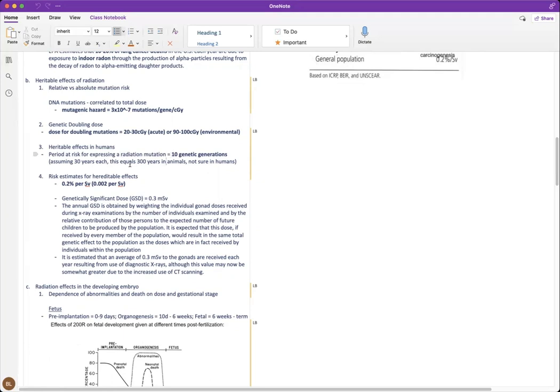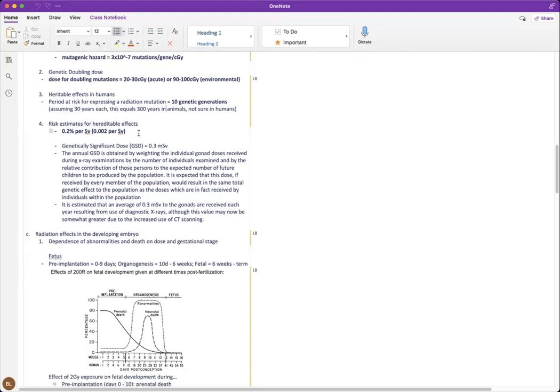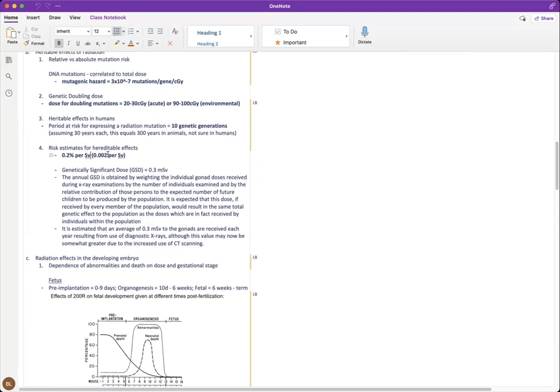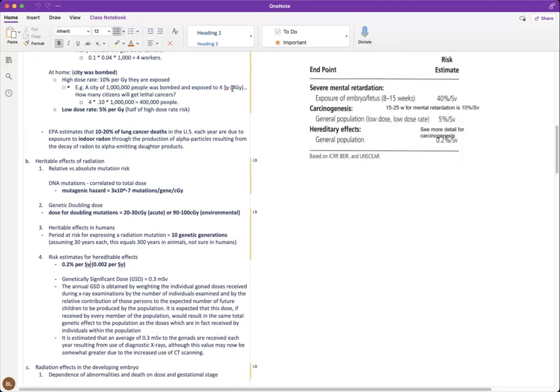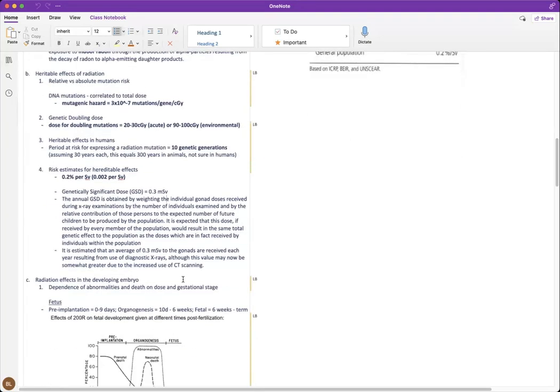Risk estimates for heritable effects: 0.2% per sievert. And again, one sievert is equivalent to 1 gray. Genetically significant dose, GSD, is 0.3 millisieverts.